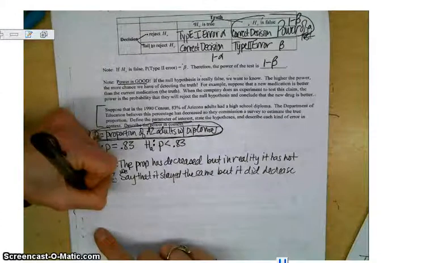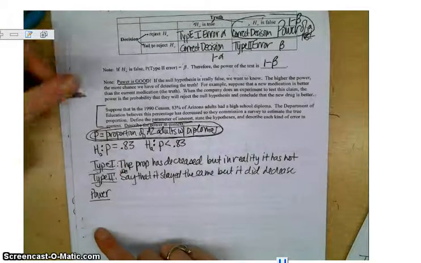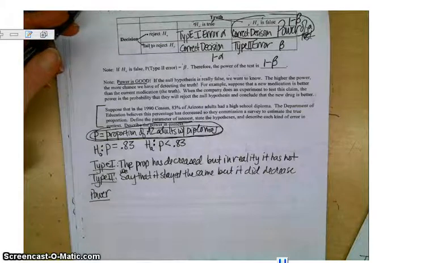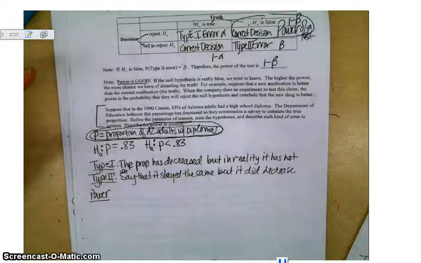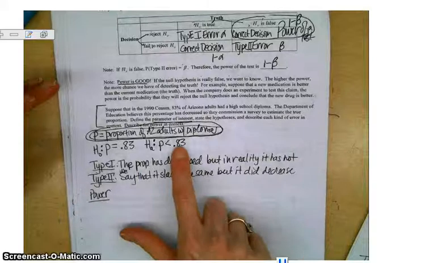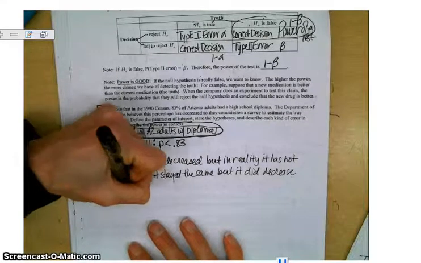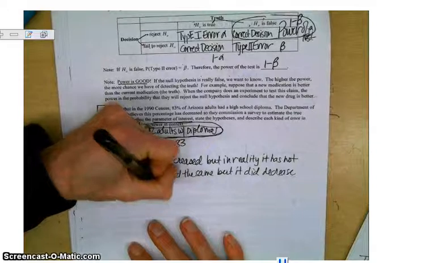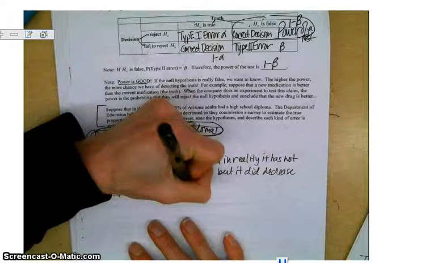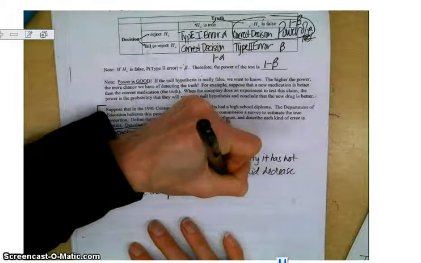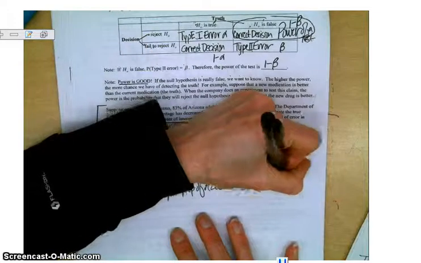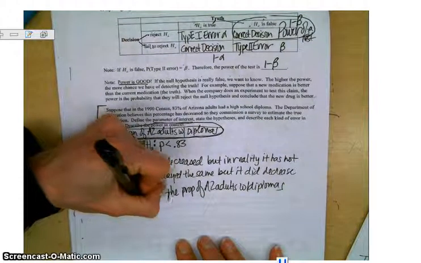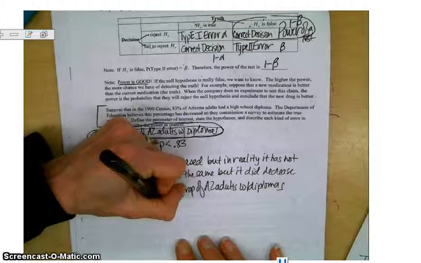All right, so now power. What's power? Power is correctly rejecting the null. So you can describe it the same way you did a type 1 and type 2 error. What did you decide? If you're going to reject the null, so what did I say? Okay, so I decide that the proportion of Arizona adults with diplomas has decreased, and in reality it has.